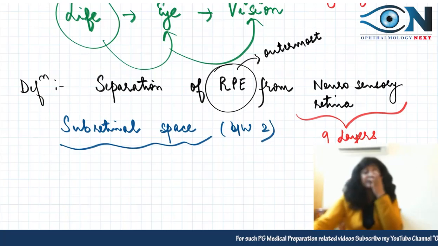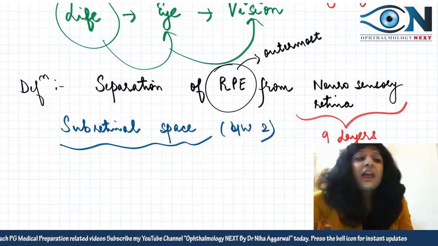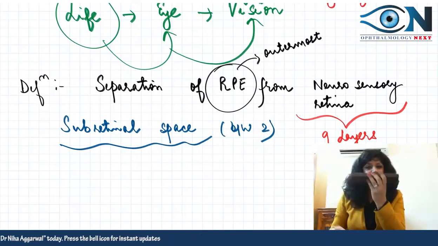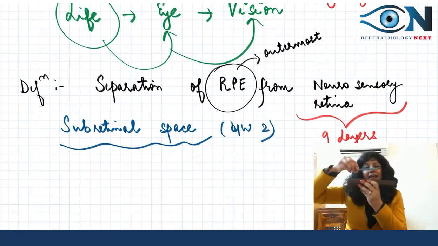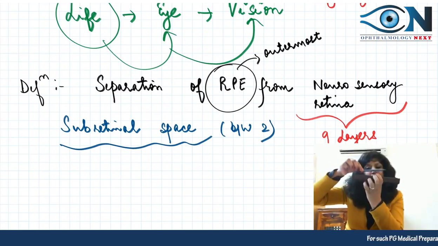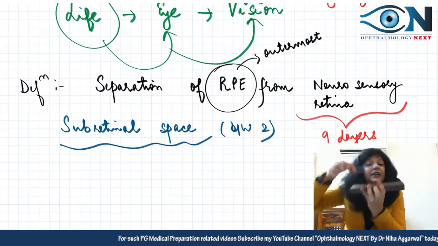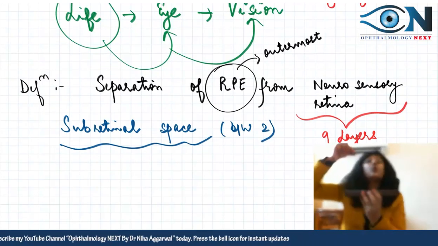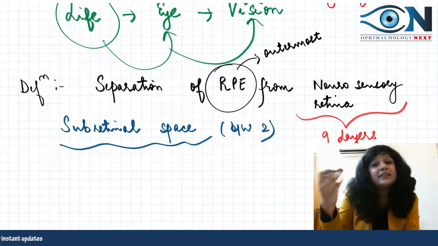So when I say the retina, we actually have one neurosensory retina, the broader one, which contains 9 layers, and then I have an RPE layer, and we have a separation. This is the separation between the 2. This is your subretinal space. Now, when this space increases, this is called retinal detachment. So basically, it's a misnomer.